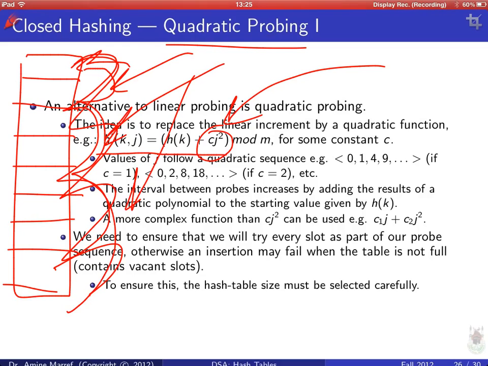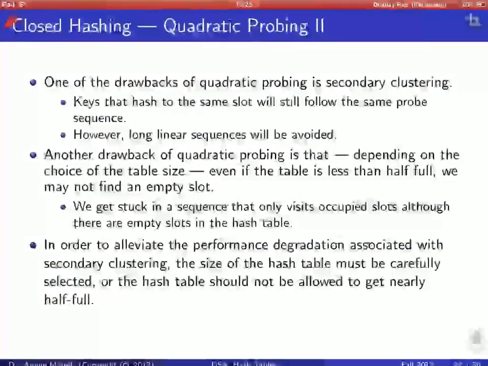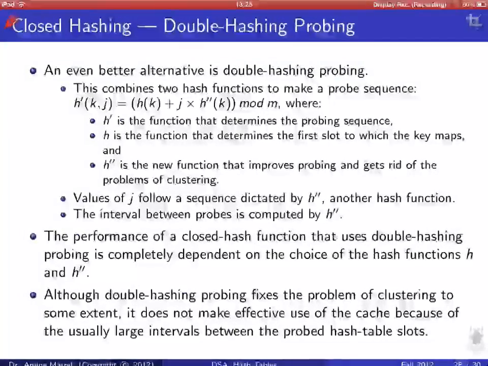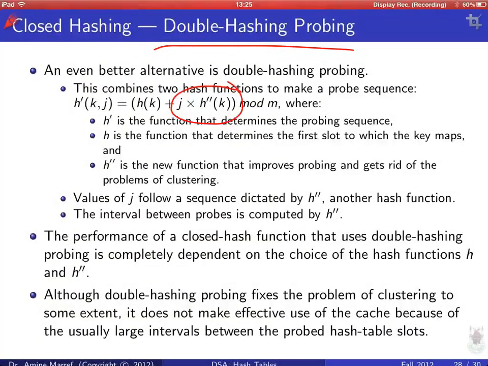You will be given the knowledge that if you choose this hash function, you have to have a prime table size. Or if you have this hash function, you better use a table which has size a power of 2. If you are using quadratic probing, then you should not let your hash table be more than 50% full.